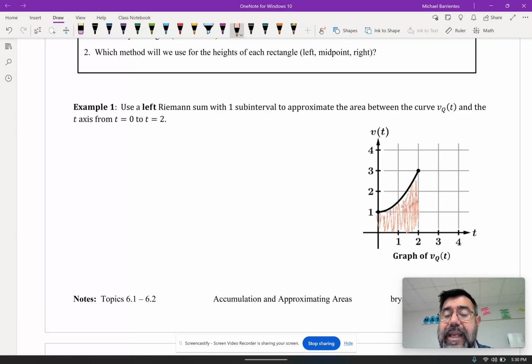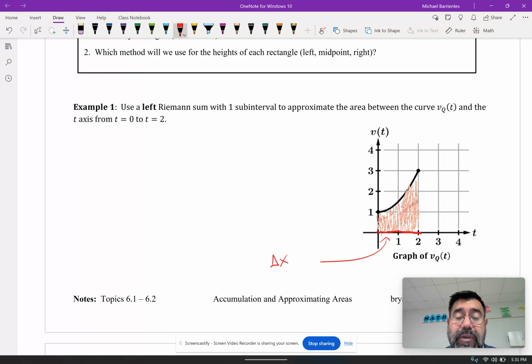I can't figure it out exactly because I have that curve, and so I'm going to use a left Riemann sum with one subinterval. One. If we're doing one subinterval, that means that's the width or the base of the rectangle. And so this would be my delta x. My delta x is this.